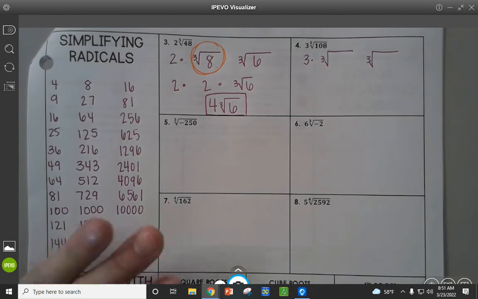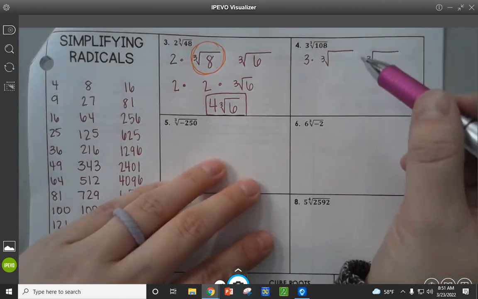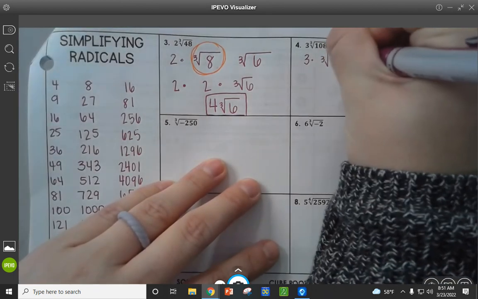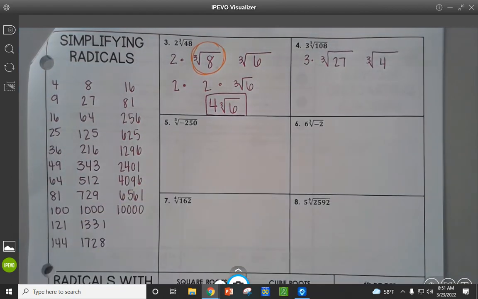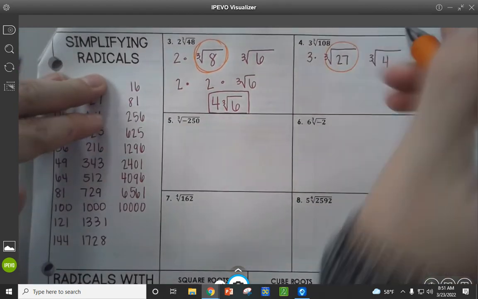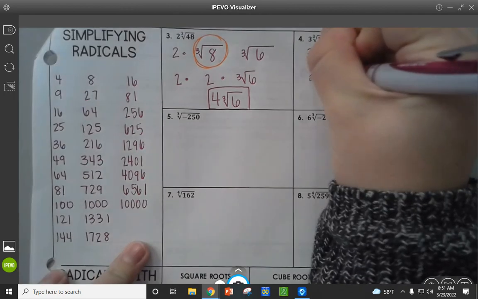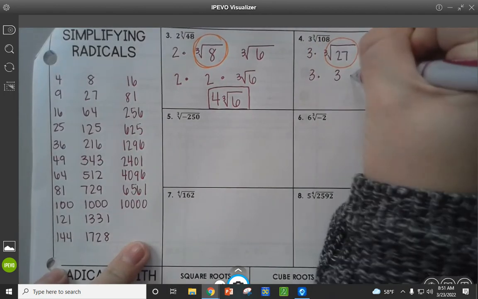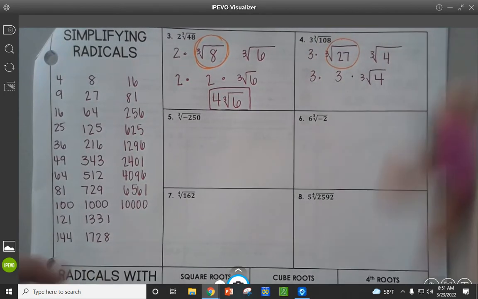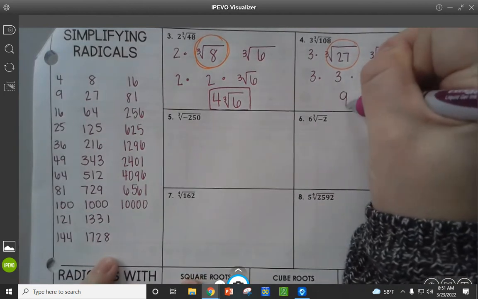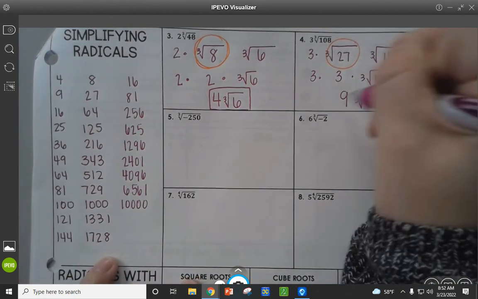Since we're late on time, has anybody found it? It is 27. 27 times 4. So this is really 3 times 3 times the cubed root of 4, which is 9 cubed root of 4.